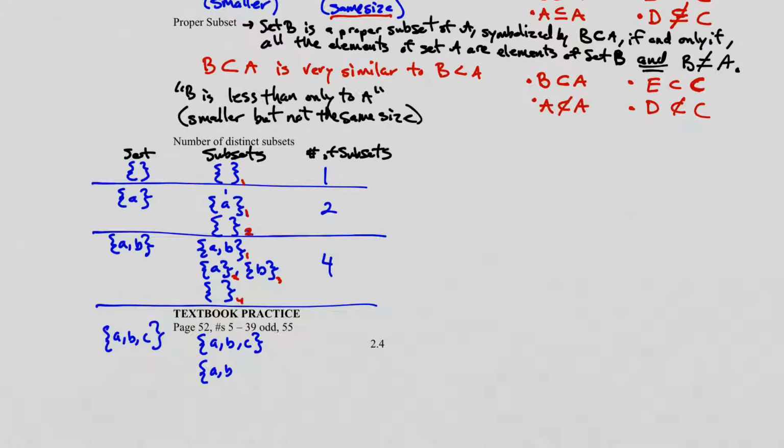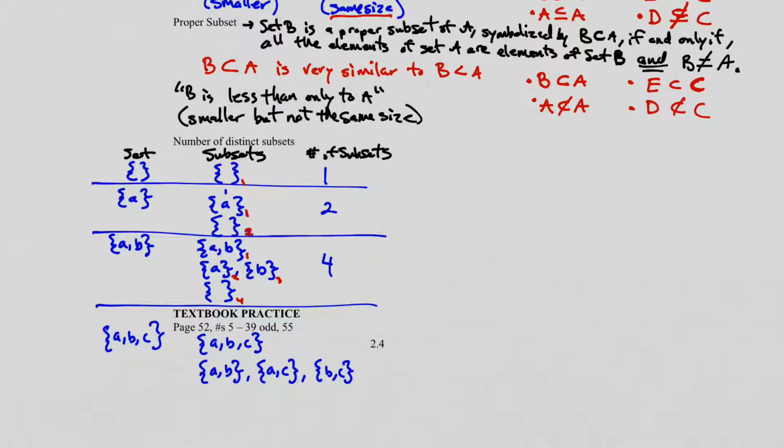So let's take out the C. Then we can take out the B, leave the C in there. That's another smaller subset. And then we can actually take out the A and just have the B and the C. Okay, so those are possible subsets.